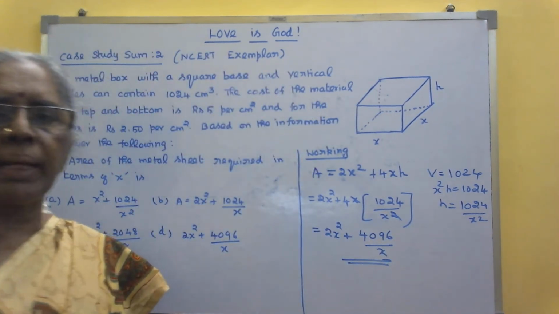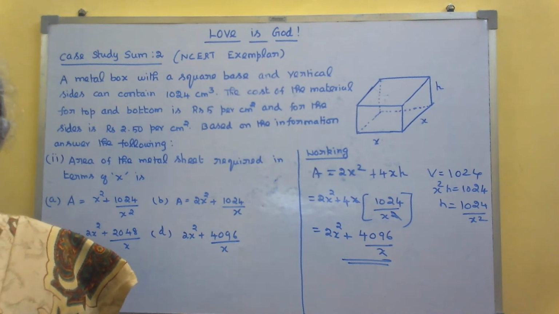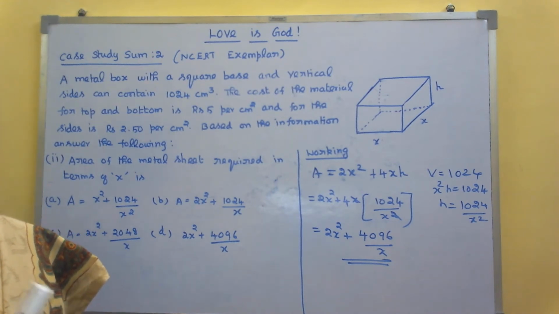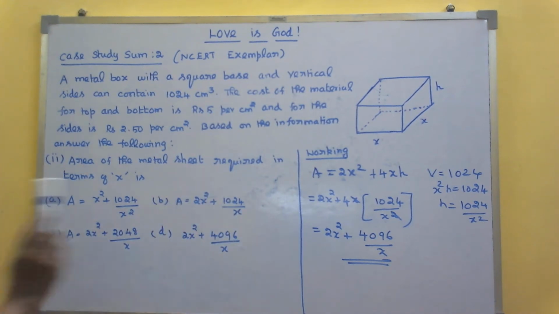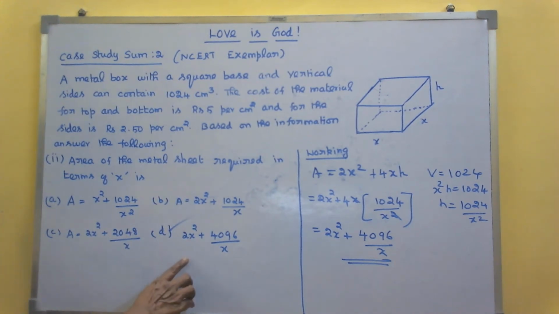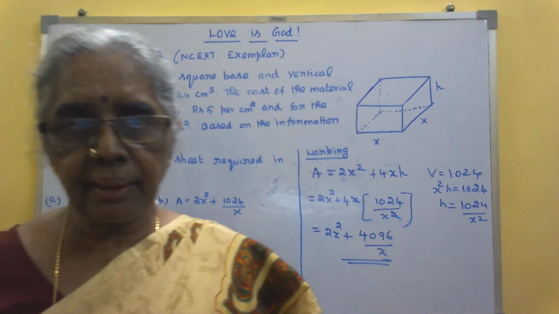So this will be the area of the metal sheet required in terms of x. Check your subdivisions where it suits. That is subdivision D. So the area of the metal sheet required is 2x squared plus 4096 divided by x. Is this clear to you?